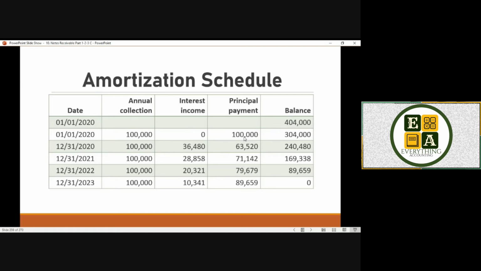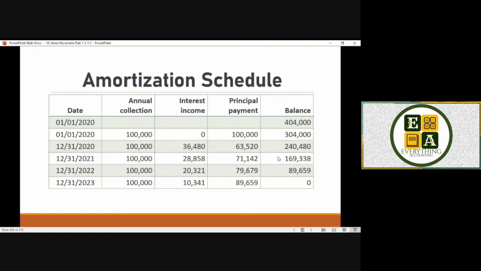So deduct 100,000 from 404,000, that will be 304,000. Then 304,000 multiplied now by 12%, we'll have 36,480. Then deduct 36,480 from 100,000, that would be 63,520. Deduct 63,520 from 304,000, that would be 240,480.